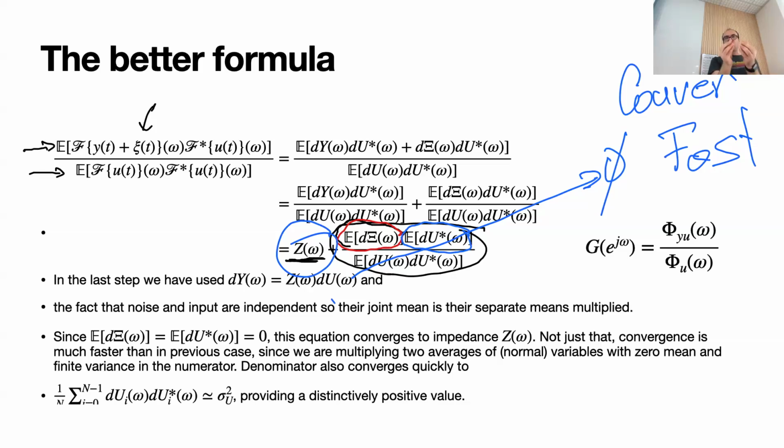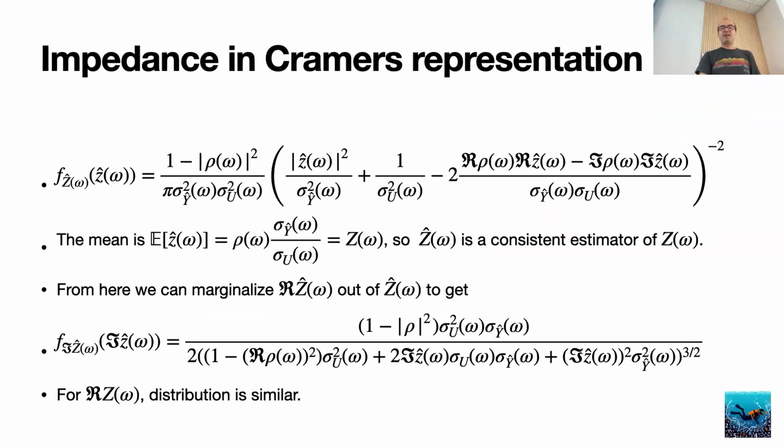Our impedance is not a crisp value, it's stochastic. I have a derivation, you don't have to look at it. There are references inside. This is the PDF of the impedance as a complex, and this is the PDF of the real and imaginary components together.